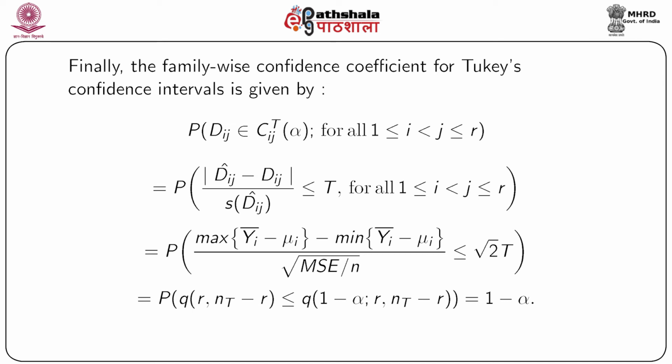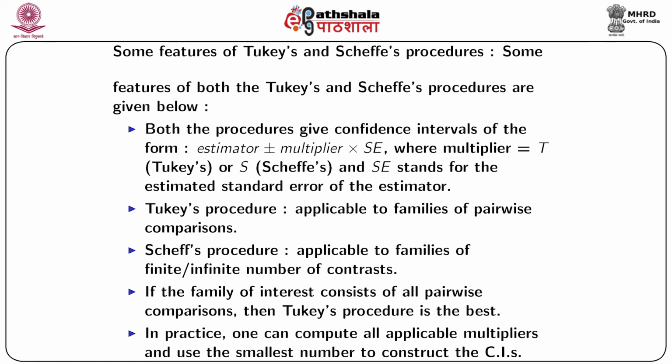That is, the probability that at least one H naught L is rejected, given all H naught L are true, is less than or equal to alpha. Some of the key features of Tukey's and Scheffé's procedures are: both procedures give confidence intervals of the form estimator plus or minus multiplier times standard error, where the multiplier equals T or S, and SE stands for the estimated standard error of the estimator.